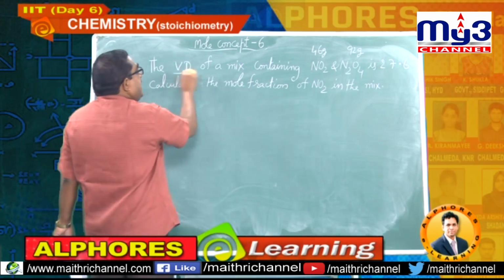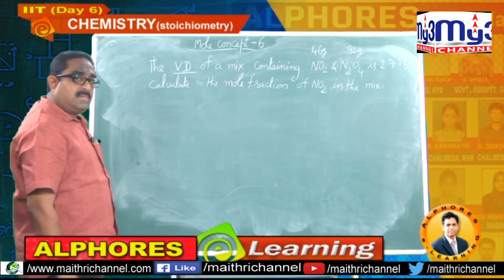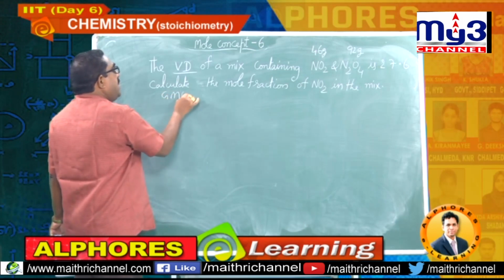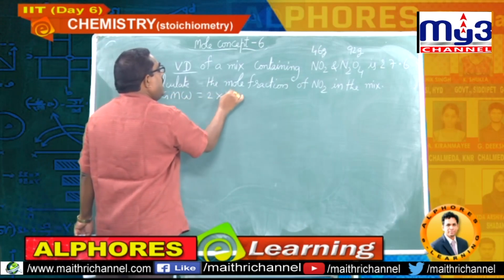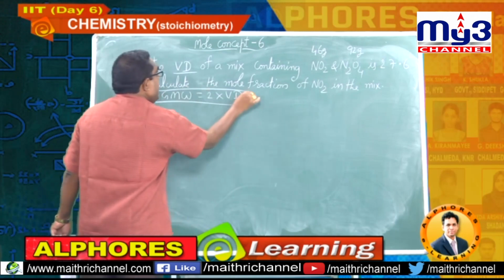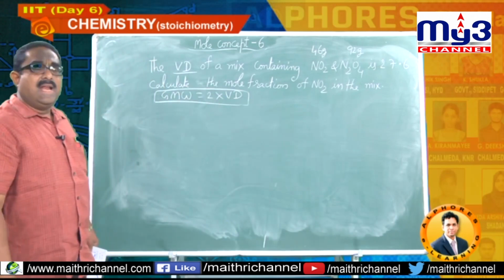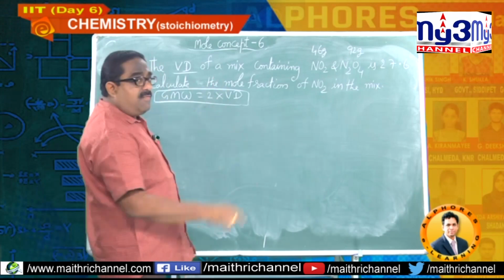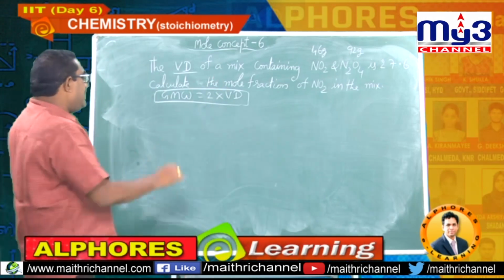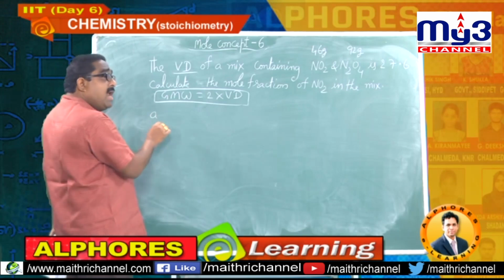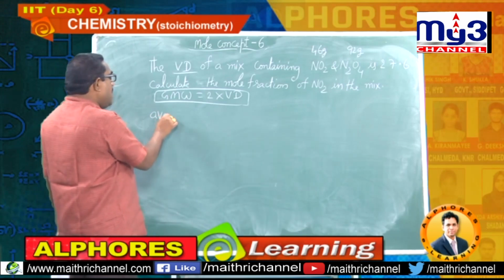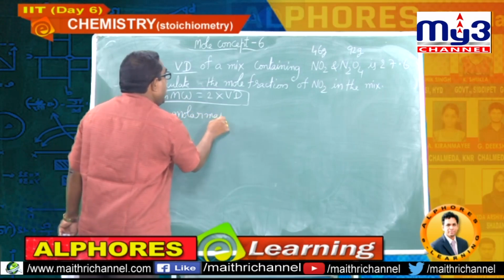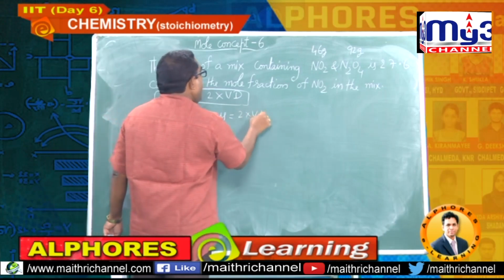And vapor density is given. We know the relation: GMW is equal to 2 into vapor density for a gas. A single gas is there, but here it is a mixture of two gases. So, in such a case you will get mean molar mass or average molar mass, which is 2 into vapor density.